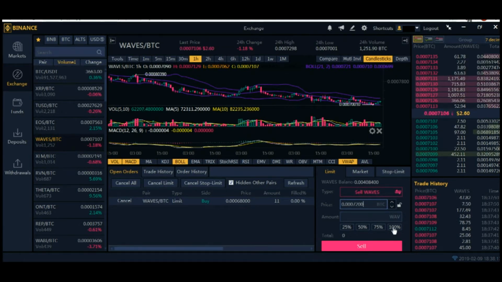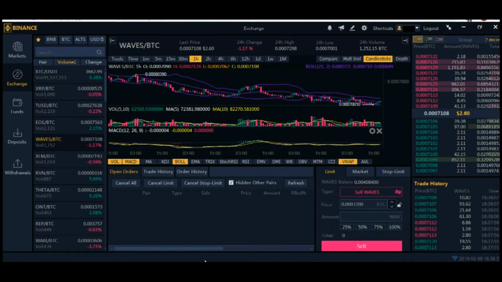So you could say I'm going to sell 100% of my Waves at this amount. I want to sell 50% of my Waves at this amount. Or you can enter this until it reaches the amount that you want. And then you click sell. And the same way that you chose buy, you'll be able to choose sell. And that's pretty straightforward. If you don't like this after a while, cancel it. Pretty cool, huh? I thought so too.